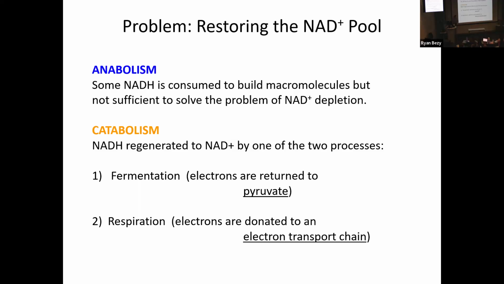So remember, with respiration, the electron transport chain is a series of enzymes. Where are those enzymes located in a prokaryotic cell? In the plasma membrane. So remember, respiration is the use of an electron transport chain.